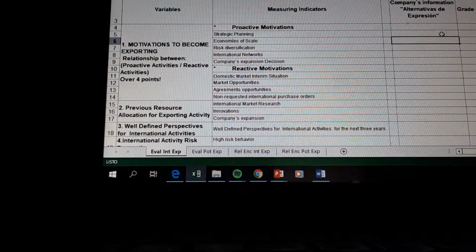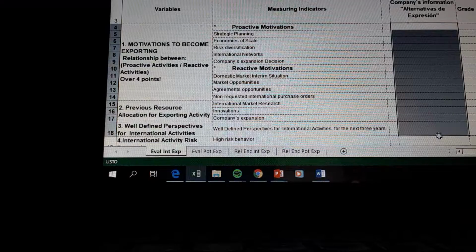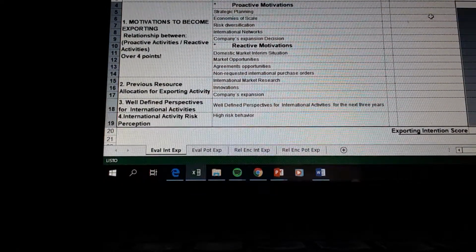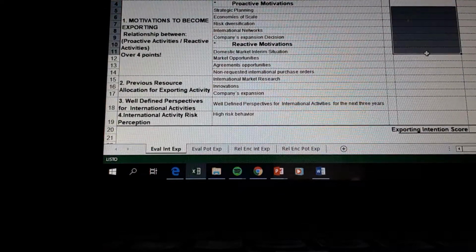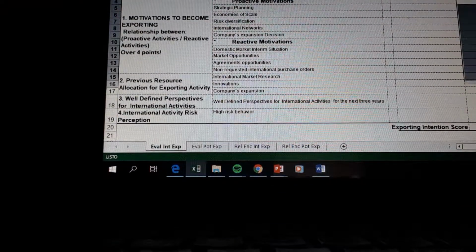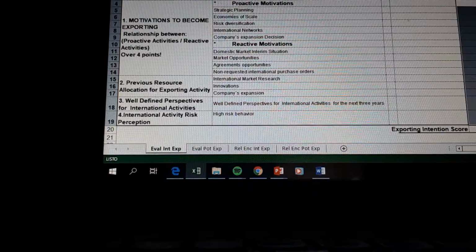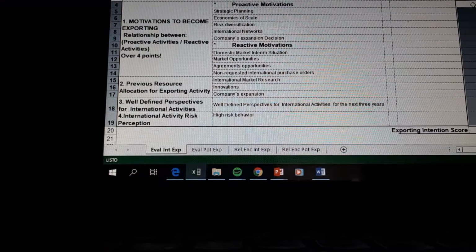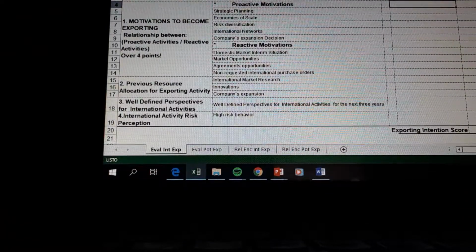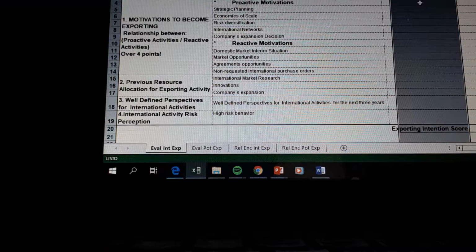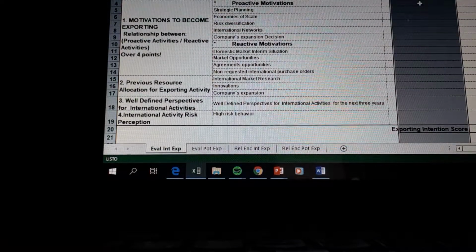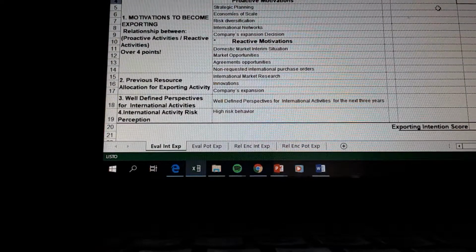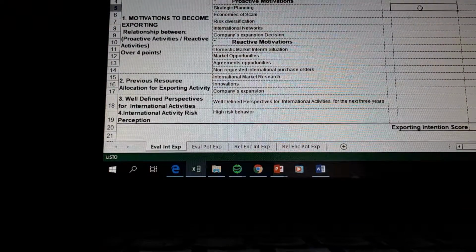So you will need to grade here in column F, and to grade here in column G. I'm sorry, to grade the company in the cells of column G, but in column F you will have to clearly explain the reasons that the group had to grade the company with that grade.